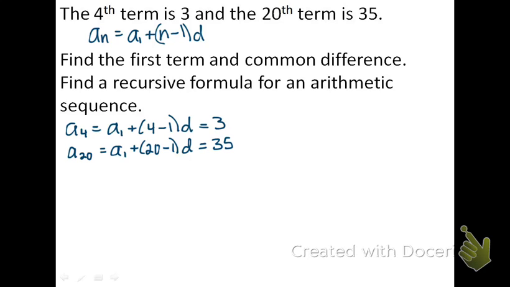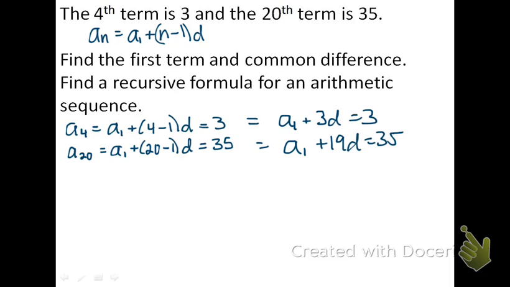Well, let's simplify these two equations. So the first one is going to give us a sub 1 plus 3d equals 3. And the next equation will just be a sub 1 plus 19d equals 35.